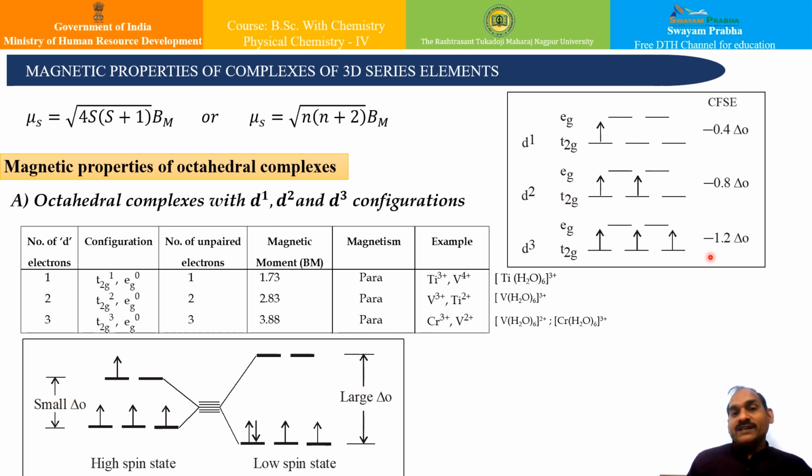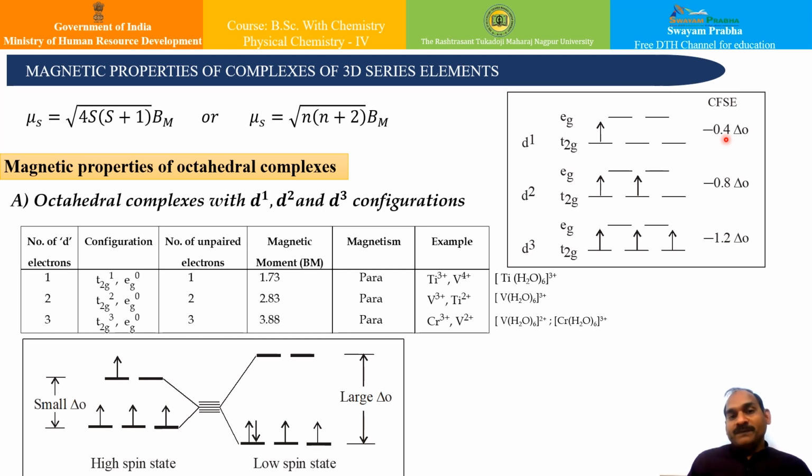Therefore, the spin state of a complex depends upon the relative values of the crystal field splitting energy, denoted by delta O, and the pairing energy. These are the two important parameters one needs to take care of.